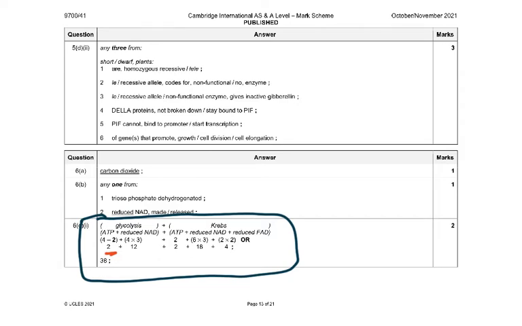So 4 NAD into 3 would be 12. Then in the Krebs cycle, they've said we gained 2 ATP. And then because we had 6 NAD, 6 into 3 is 18. And then because we had 2 FAD, 2 into 2 is 4. So that is how they've done their calculations. And that is how you were supposed to show some sort of this working to show me the value of 38 ATP molecules.